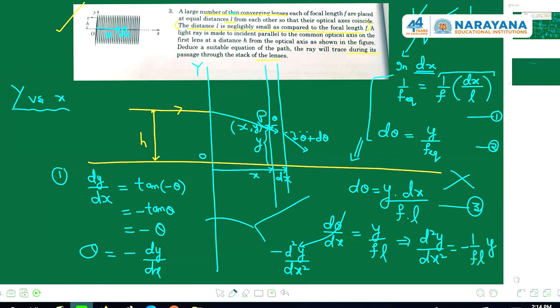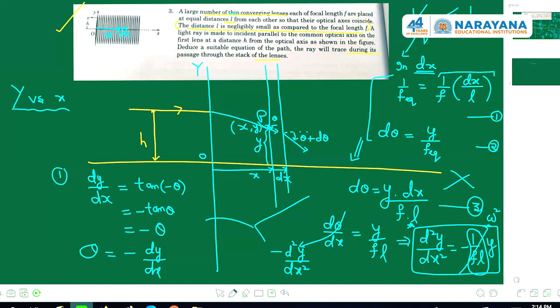This is my core equation, and that means it is kind of a second order linear differential equation. So treat this term as kind of omega square. So you'll have d2y by dx2 equal to minus omega square into y. So I am directly writing the root of this equation. You can treat it as an equation of SHM also.